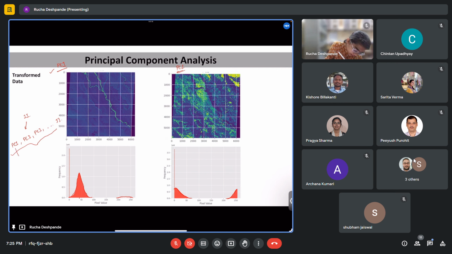The first component will show the highest variance, then the second highest variance, then the third highest, and so on. So we can stop at a smaller number of principal components if it covers enough variance in the data. For example, if the first four principal components cover 99% or so of the variance, then we can choose only the first 4 principal components and leave the rest.